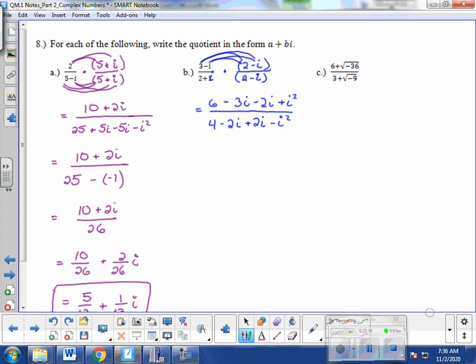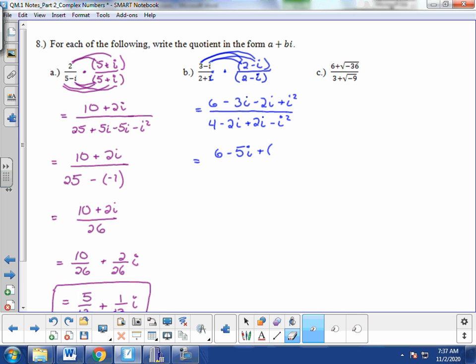So to simplify, I need to simplify the numerator and the denominator. The numerator, when I simplify, would become 6 minus 5i, combining those terms of i, plus i squared, which is negative 1. So plus a negative 1, we can essentially change to minus 1. In the denominator, I would get 4.